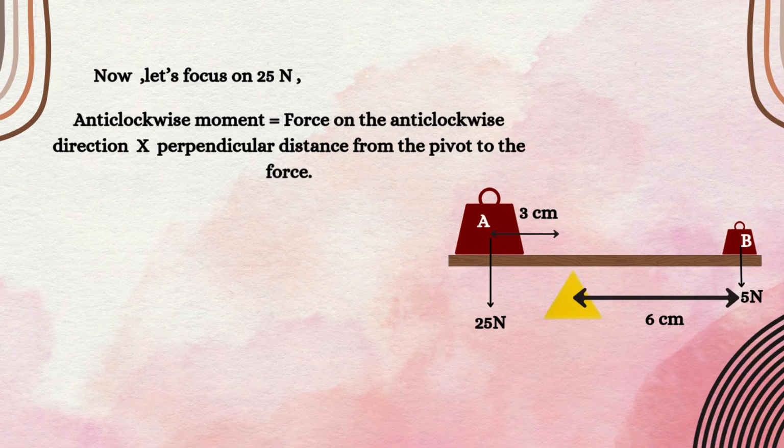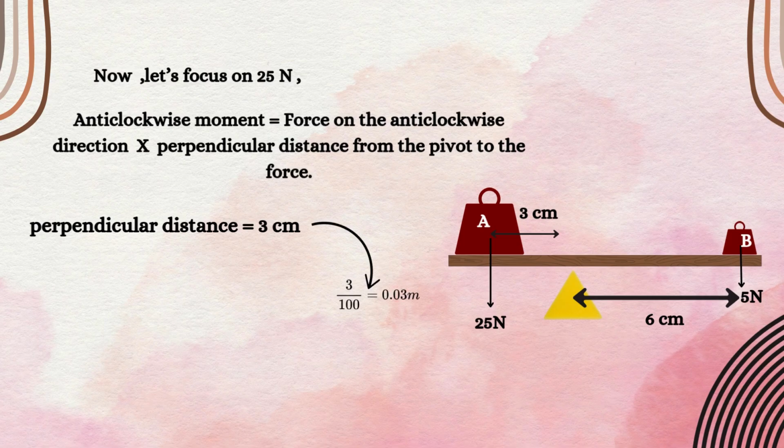Here, the perpendicular distance from pivot to force is 3 centimeter, which we have to convert to meter like earlier. So we get 3 divided by 100, which is equal to 0.03 meter. Now, anti-clockwise moment is equal to 25 times 0.03, which is equal to 0.75 Newton meters.